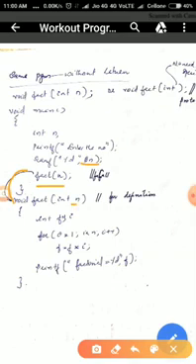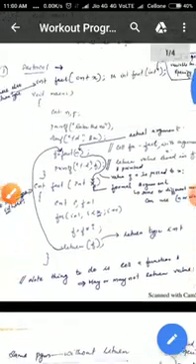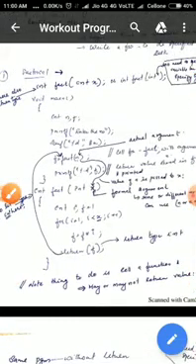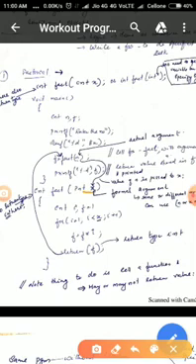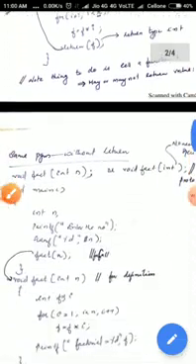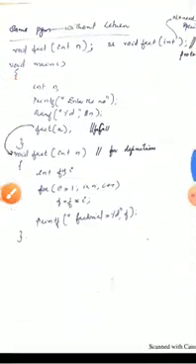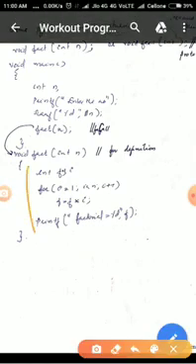In the previous case I used x. So any variable can be used. So inside this function the factorial is calculated for i equal to 1, i less than or equal to n, i plus plus, fact equal fact into i. Printf factorial of n equal percentage d fact.